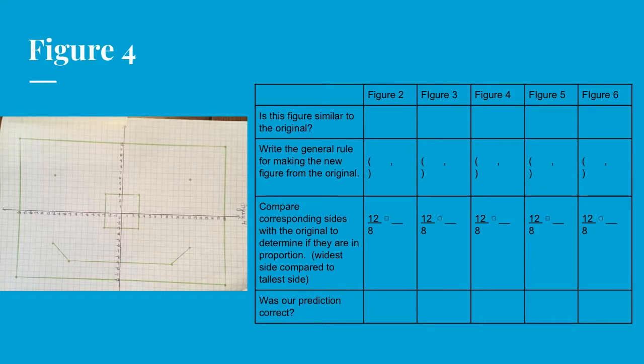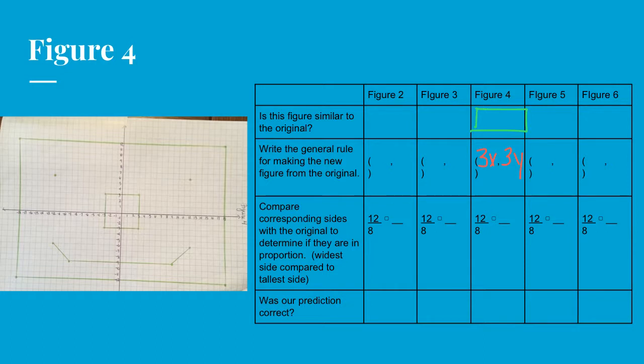All right, here is my figure 4. You and your partner made your prediction. All right, so let's compare the ordered pairs from figure 1 to figure 4. And it looks like my x-coordinate was 3 times wider, and my y-coordinate was 3 times bigger as well, so that makes it 3 times taller.